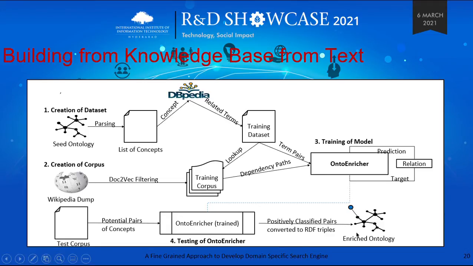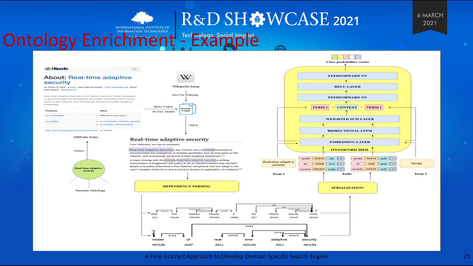With this approach, we are able to enrich the ontology, and we also implemented the universal sentence encoder so that the context similarity is better. This is an example of that implementation. You could see the ontology term is real-time adaptive security, which is a multi-word, and it goes about identifying the relevant concept in a bidirectional LSTM model with universal sentence encoder for similarity.